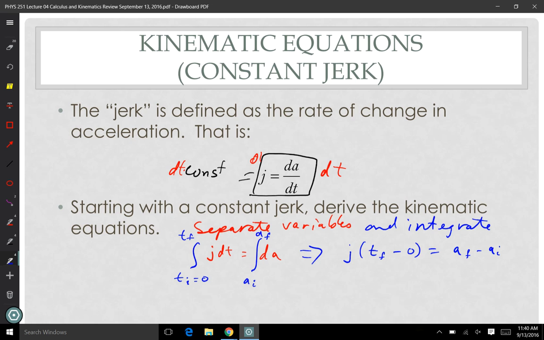Now, why did I have t final and a final in my limits? I did it for a technicality. What's that technicality? Your limit can't be the same as the variable that you're integrating.